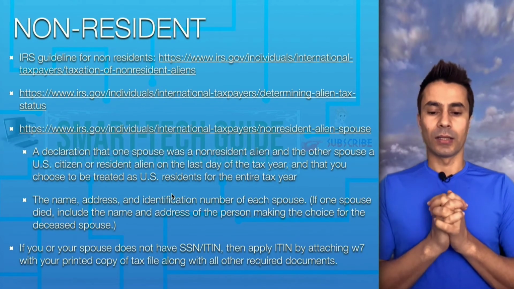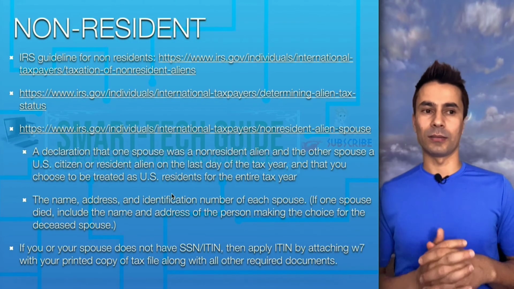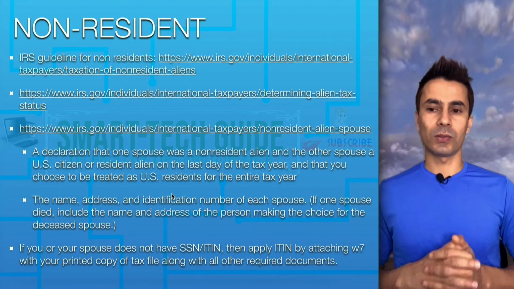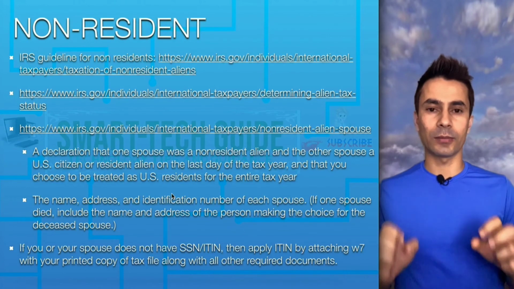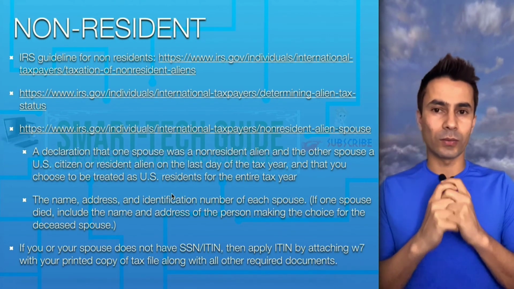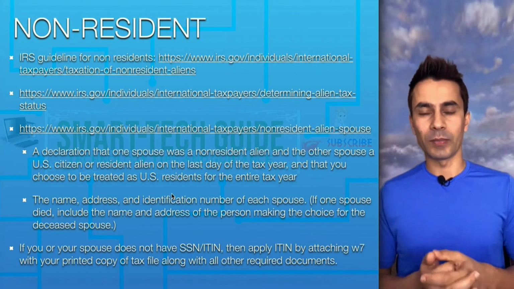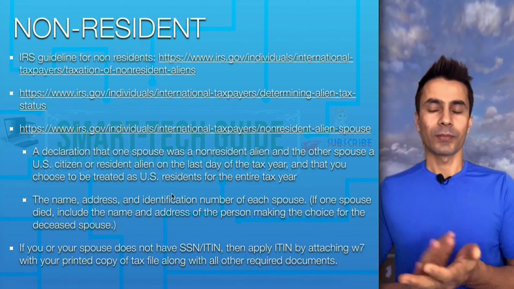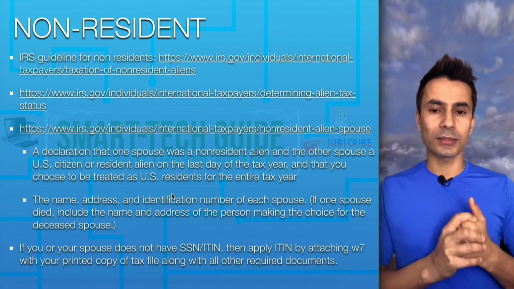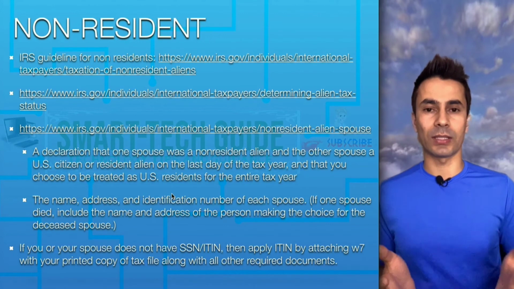And one other thing is, if you are married and your spouse lives abroad, you are eligible to have the status of married filing jointly. With that, you will save on tax, because if you file separately, or married filing separately, or even as single status, you have to pay taxes as if you are single.